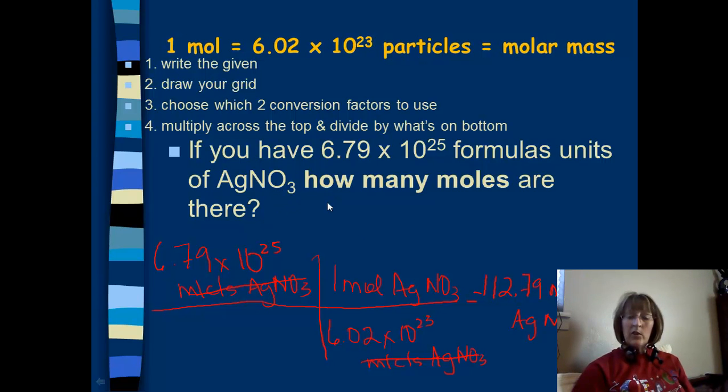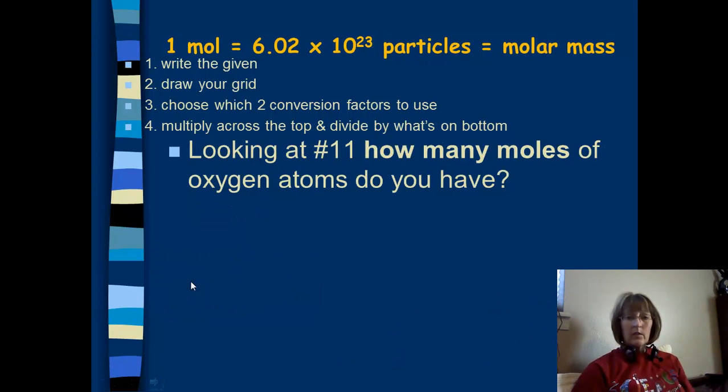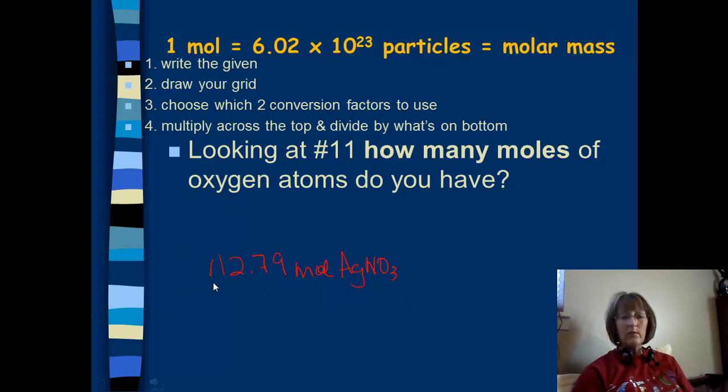So really what we're going to do is take that number and multiply by 3. So 112.79 moles of AgNO3. We could even set it up in an interesting way here too. So I want moles of AgNO3, so I'm going to go ahead and draw my grid.